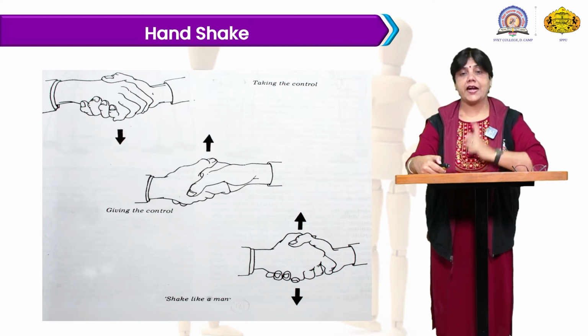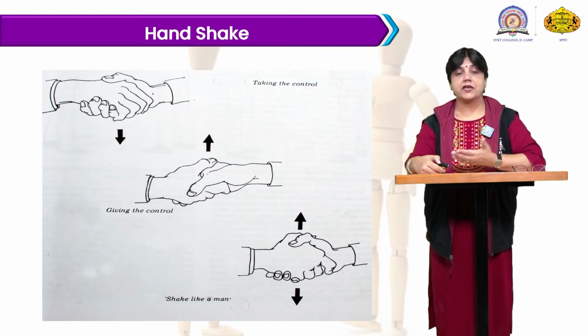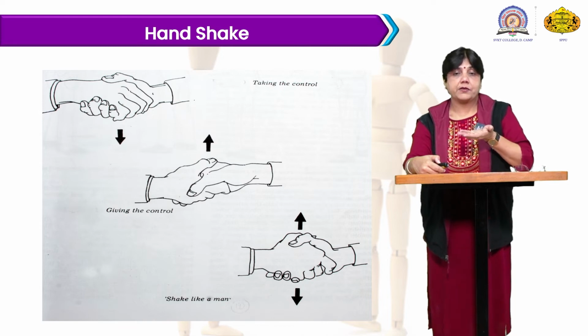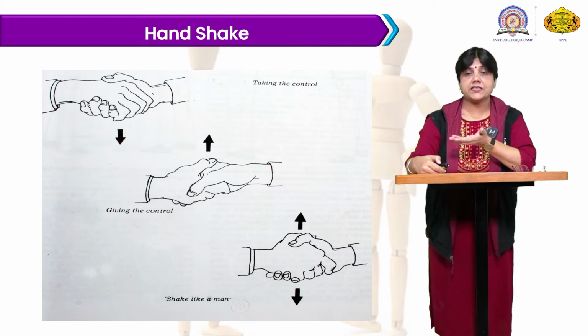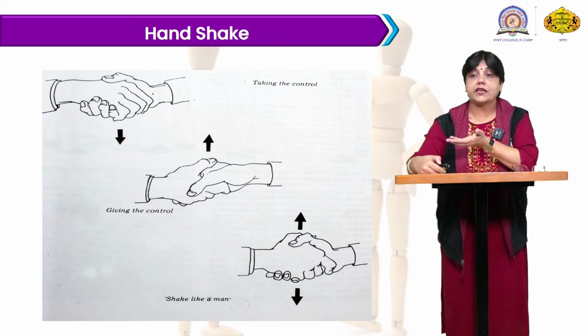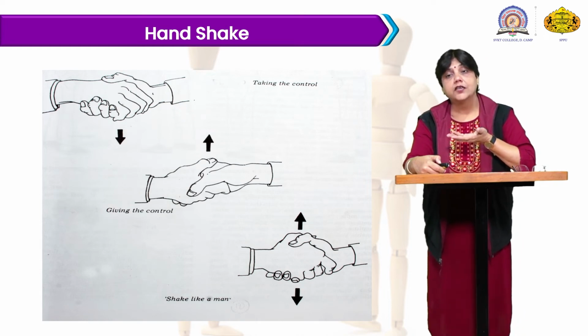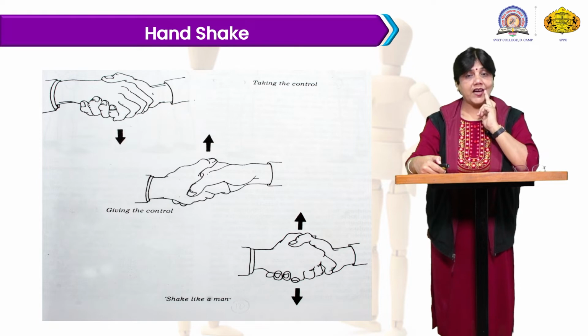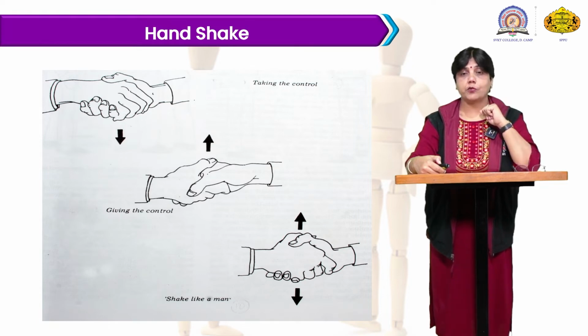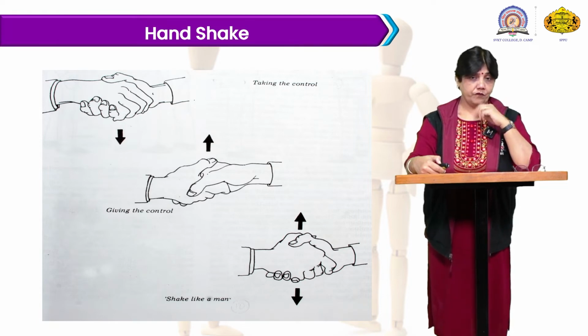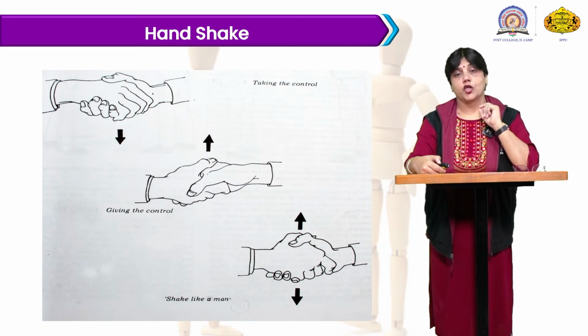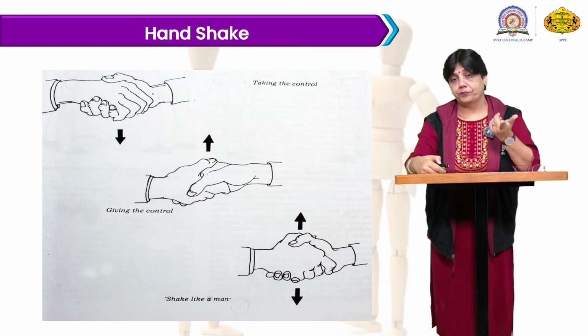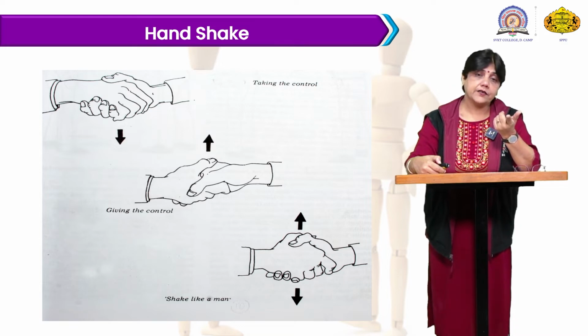So in the first handshake, where a person is holding the other person's hand, it means he is trying to take control of the situation. If you observe our Prime Minister's body language when he visits some foreign country, you can observe his handshake with other authorities.